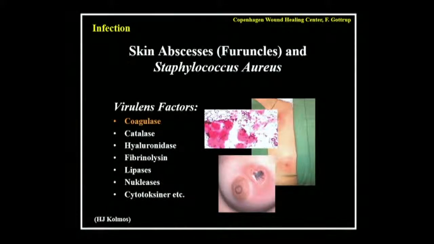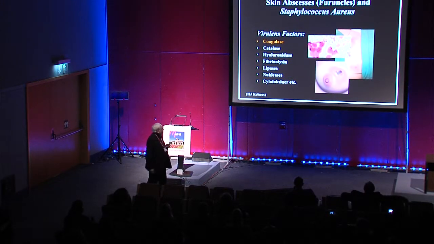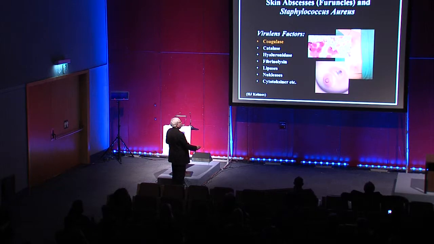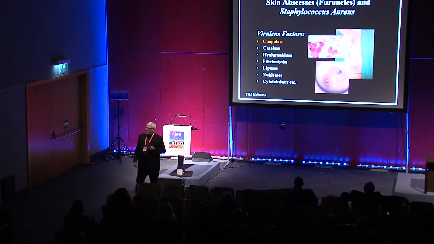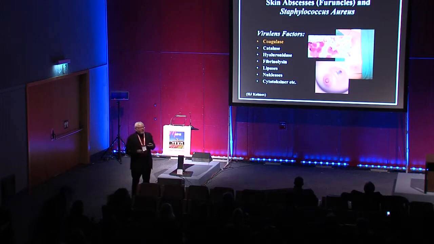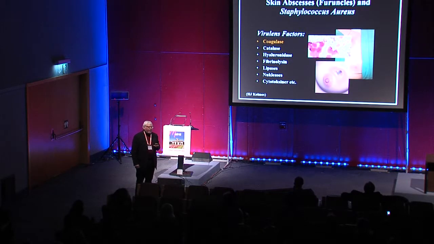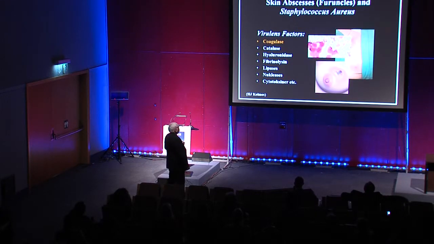It's not very nice to have an abscess, but still it's much, much less dangerous than the streptococci, which spread directly out. So staphylococci primarily produce abscesses, like you can see here, but it's not as dangerous as the other one. So that means if you have a chronic wound, especially with low perfusion, and you have streptococci there, you have to be extremely careful because you very easily lose the leg.